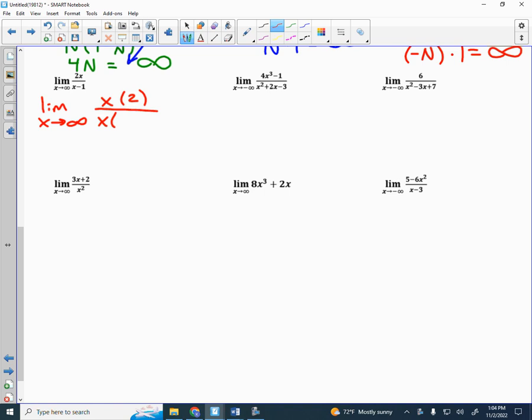X, and you're left with? Very good. So, when you factor that out, look at what happens. What happens to the x over x? And what is 1 over a very large number? 0. So what are you left with? 2 over 1, which is 2. And that's the limit.